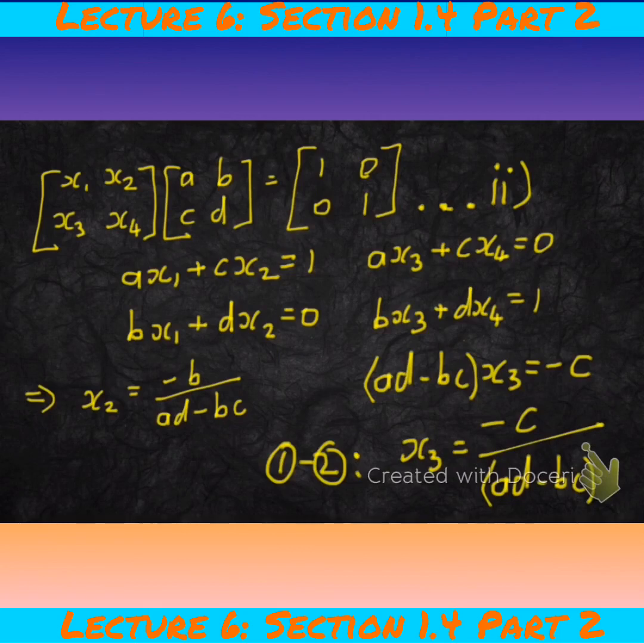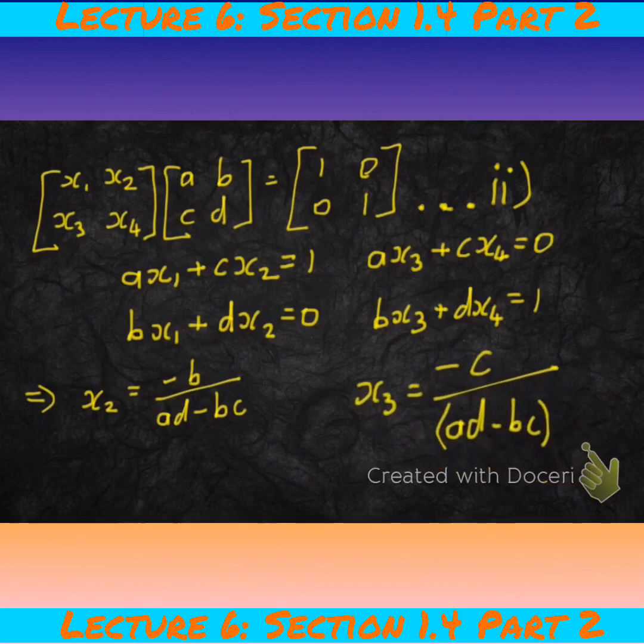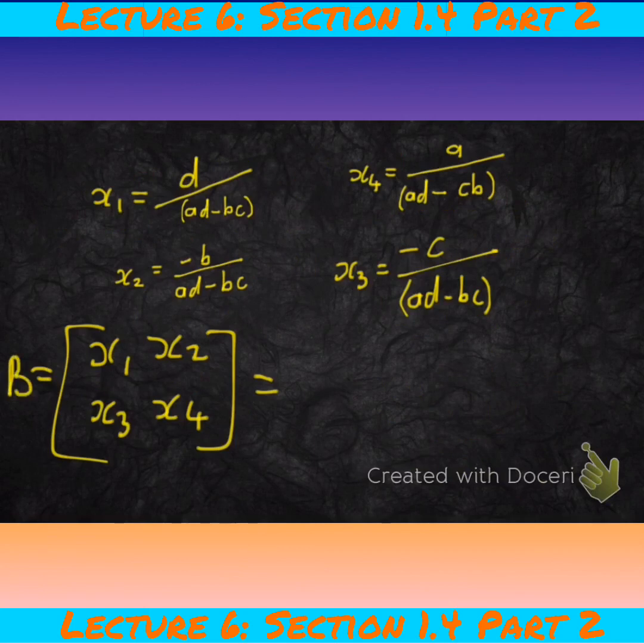Okay, so basically, what is the moral of the story here? We have solved all our variables. So let's see what our matrix looks like. Right, so we have B equal to that. So here's my x1 term. There's my x2 term.